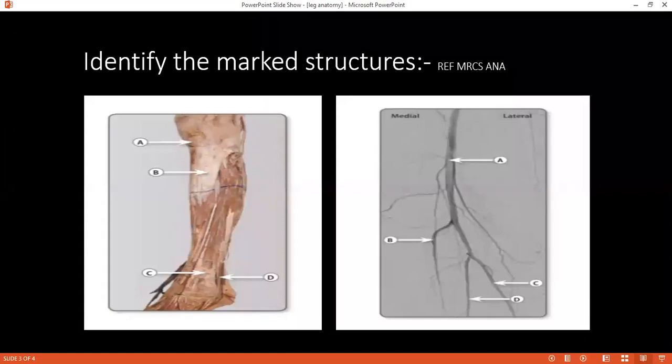Which image is this and what is it showing? That is a digital subtraction angiogram of the popliteal artery. The labeling A is the popliteal artery, the labeling B is the anterior tibial artery, C is the posterior tibial artery, and D is the peroneal artery.